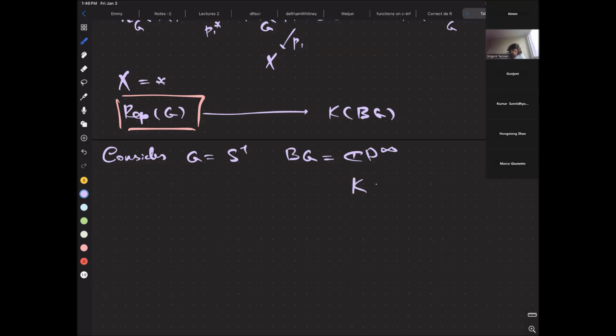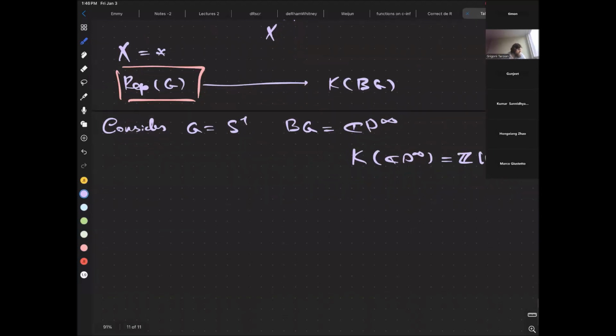So K of CP infinity will be the ring of formal power series with integer coefficients. And on the other hand, the representation ring of S1 will be just the ring of Laurent polynomials, where chi is the inclusion of S1 into C star. The reason being, of course, that S1 is an abelian group, so every irreducible representation is one-dimensional, and then any one-dimensional representation is a power of this one.